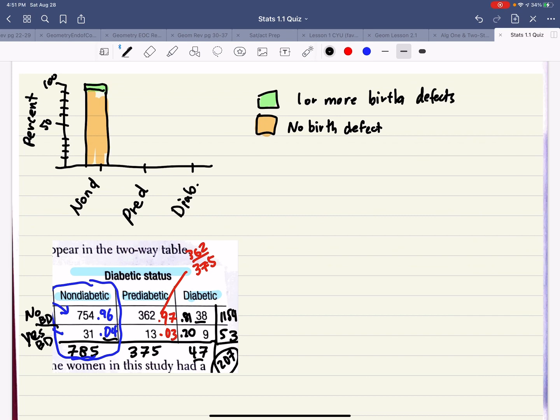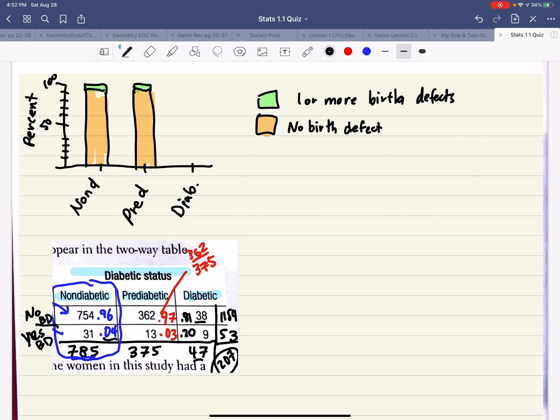All right. Now looking at the pre-diabetics, this chart looks very, very similar. It just looks like slightly more and slightly less green, just a smidgen more orange.